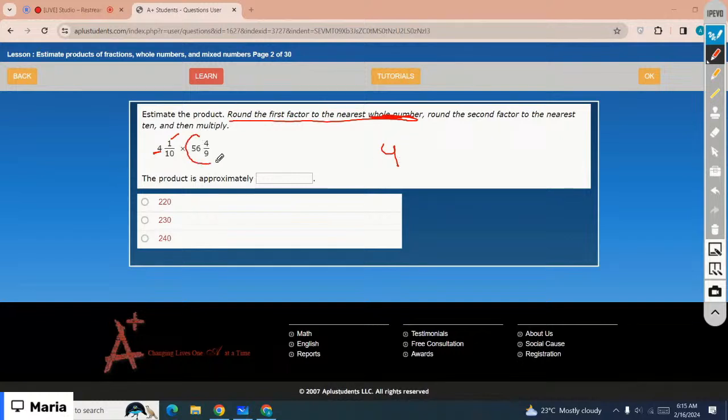The next one is 56 whole 4 over 9. You have to round the second number to the nearest 10. 56 is greater than 55, right? That means you can round 56 to the next 10, that would be 60. 4 times 6 is 24, so that would be 240.